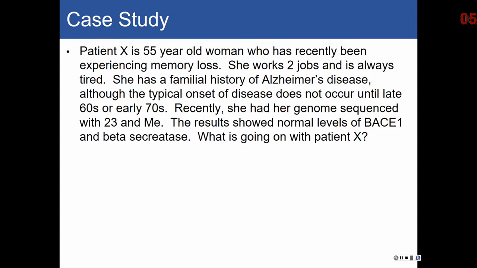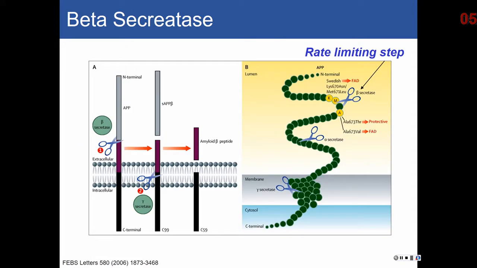So it turns out that here's beta secretase right here that's cleaving. Remember, that cleaves the amyloid beta peptide, and it cleaves off that N-terminal end, and that's what goes and forms those clusters that you see in Alzheimer's disease. So this is the rate-limiting step for the formation of Alzheimer's disease.